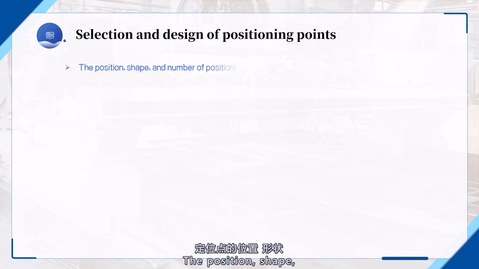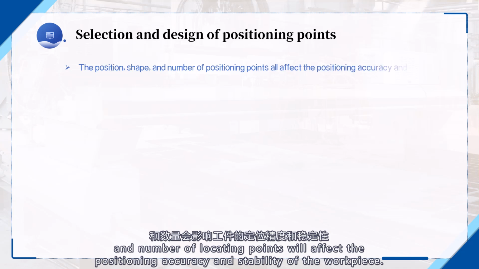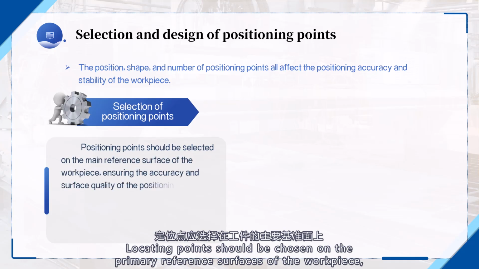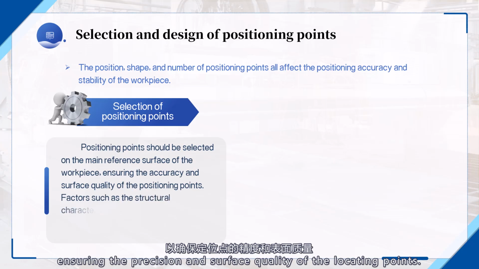The position, shape, and number of locating points will affect the positioning accuracy and the stability of the workpiece. Locating points should be chosen on the primary reference surfaces of the workpiece, ensuring the precision and the surface quality of the locating points.